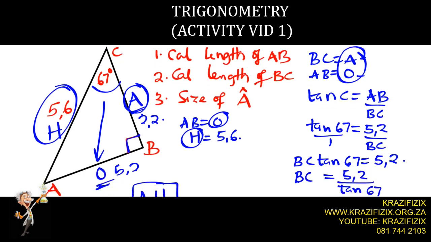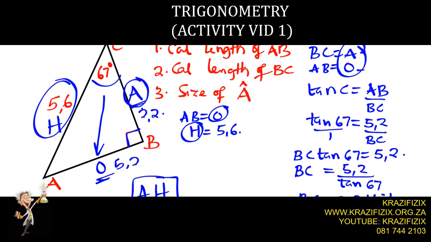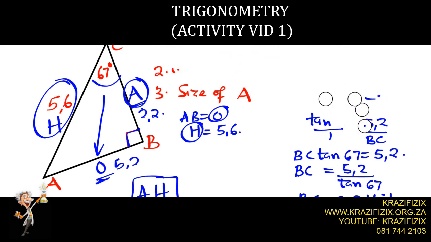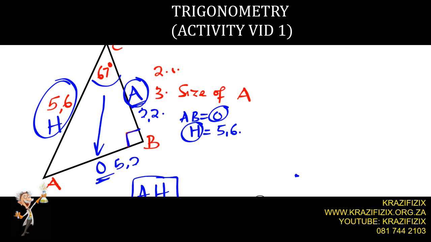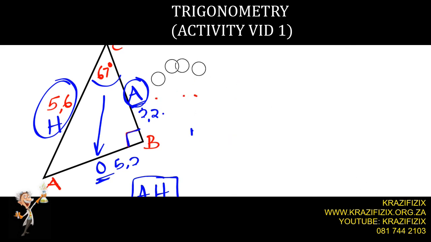The next question says, find the size of A. I want to keep this triangle very close to me. I'm sure you've written all of this down. The size of A. So we're looking for angle A. Oh, it's so easy.